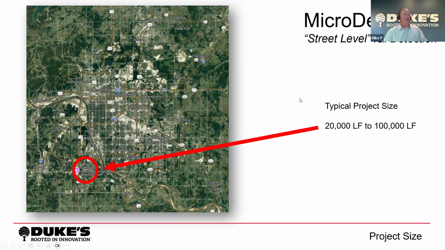Generally speaking, where this fits in the discussion of I&I is, this is a map clip of Tulsa, where I was recently, and the idea is you've already eliminated and have an idea of where you want to concentrate some resources, and that's generally where micro detection fits in.